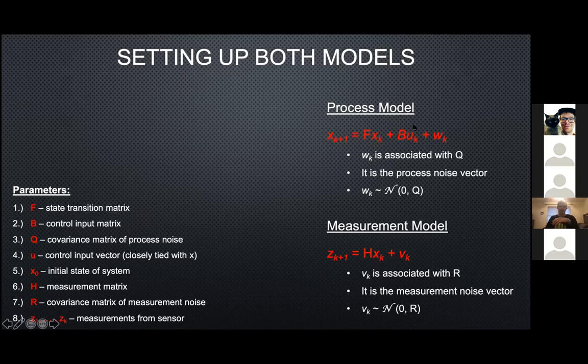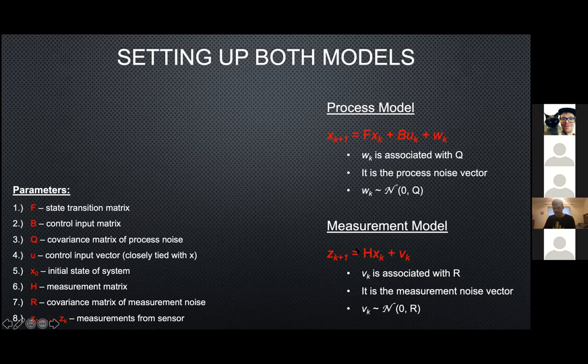And so it takes in basically the control input, which is oftentimes like the velocity, and it takes in the past state, and then it adds on to it the noise. So W of k is basically what I described earlier, that Gaussian curve, and Q is the variance of that curve. So that's what I said on the last slide. So W of k is connected to Q in the way that Q is what you're tuning.